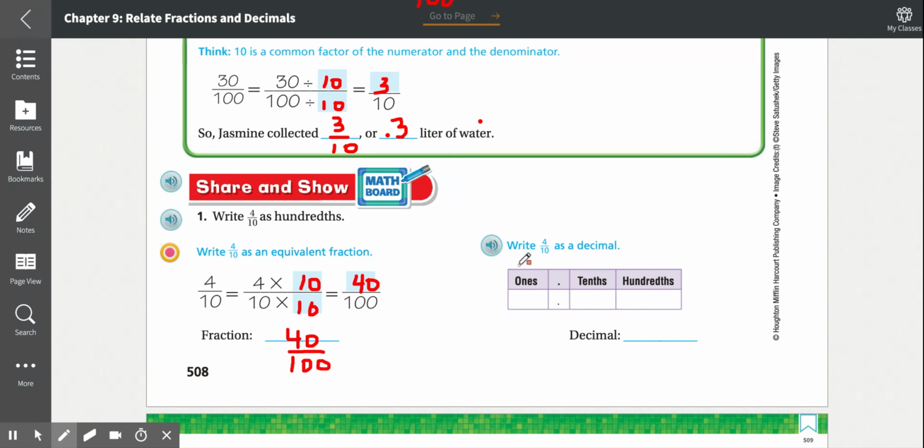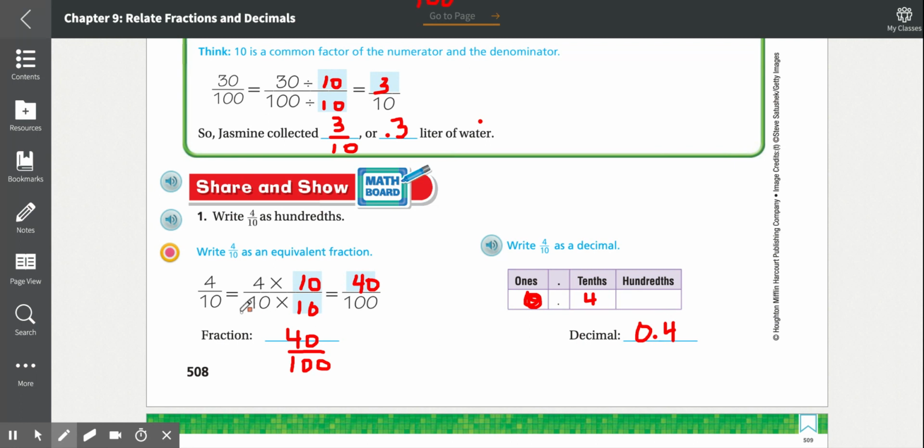And another way we can do that is just use the place value chart. Write 4 tenths as a decimal: 0 ones, 0.4. The decimal is 0.4. So 4 tenths, a fraction, can also be written as 0.4 as a decimal.